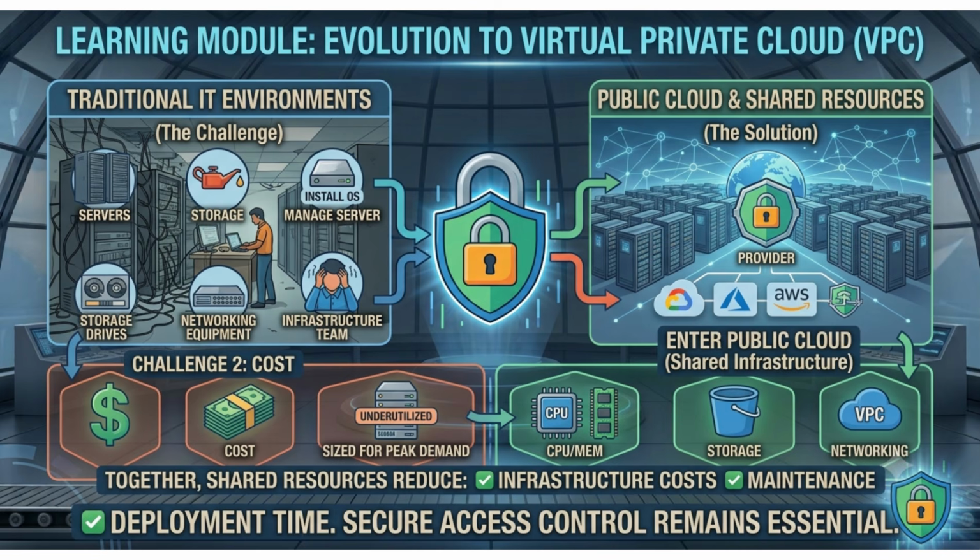Instead of buying servers, organizations could simply request CPU, memory, storage, and networking, and pay only for what they used. This significantly reduced infrastructure costs, maintenance overhead, and deployment time.